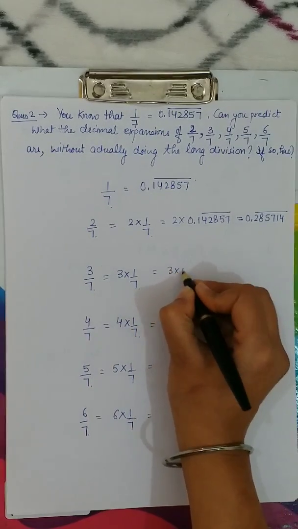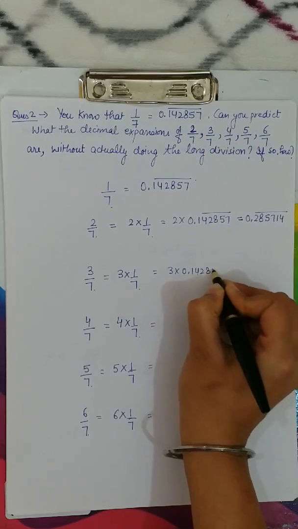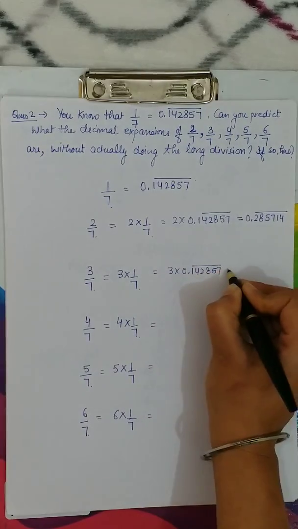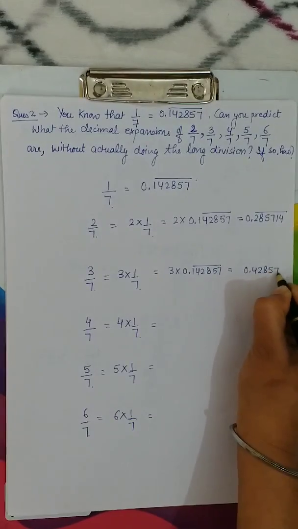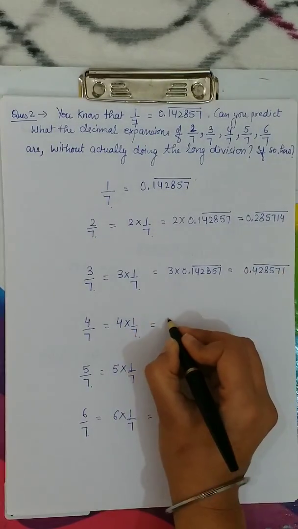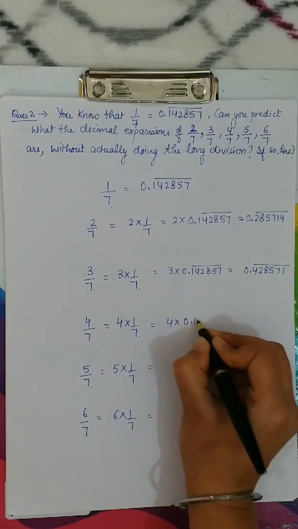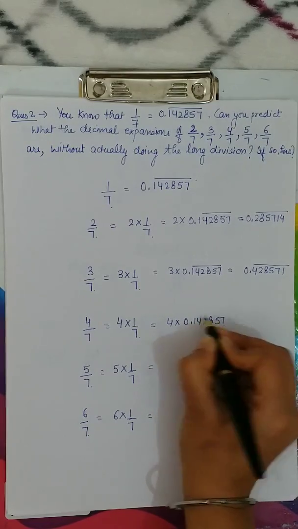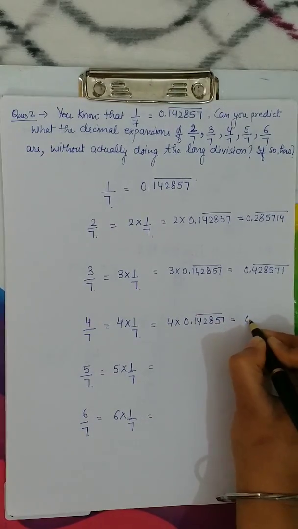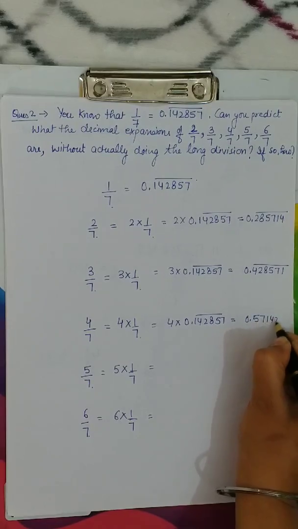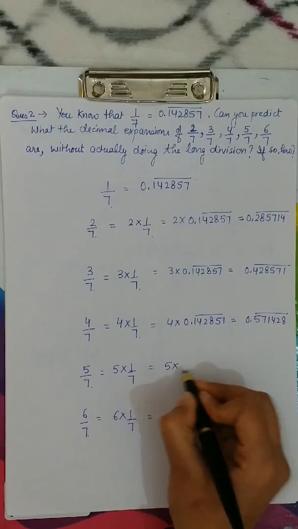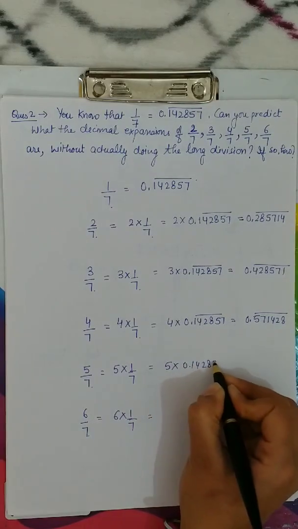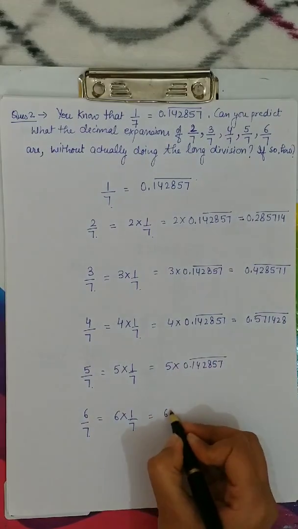Now 3 into 0.142857 bar. So it will give us 0.428571 bar. 4 into it will give us 0.571428 bar. Similarly 5 and 6.